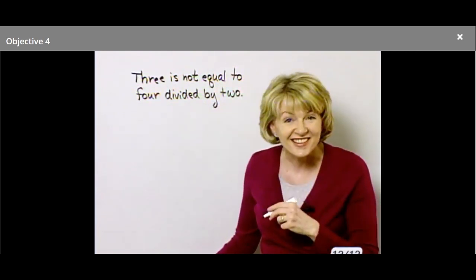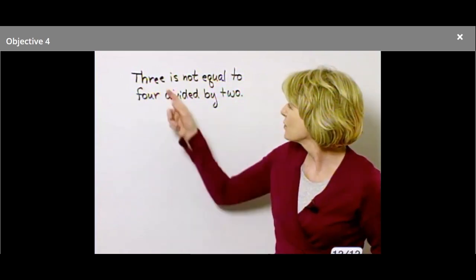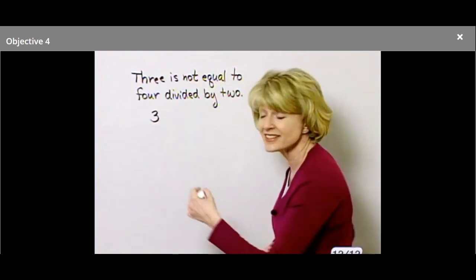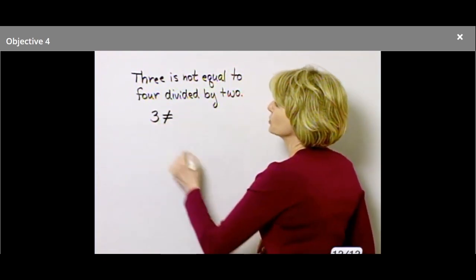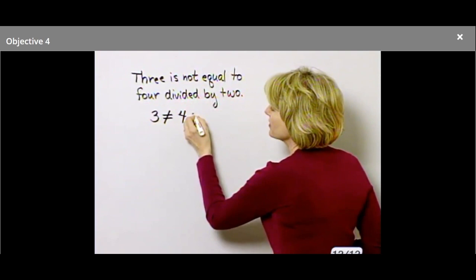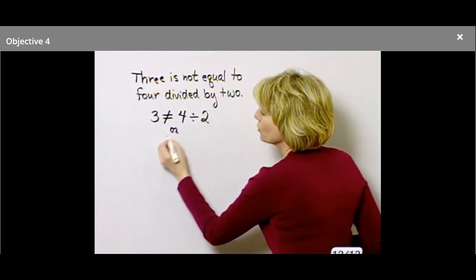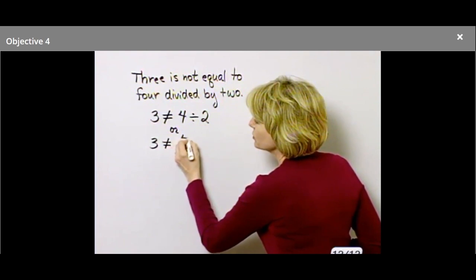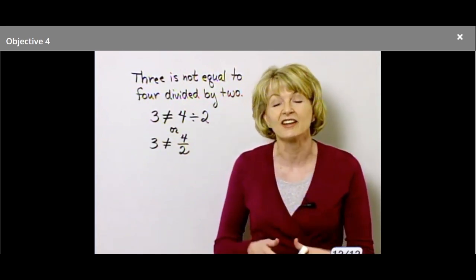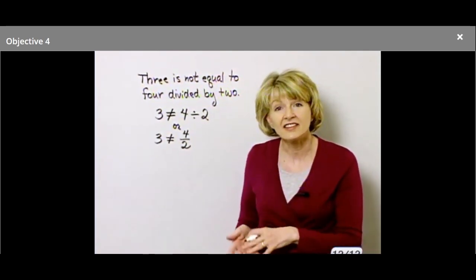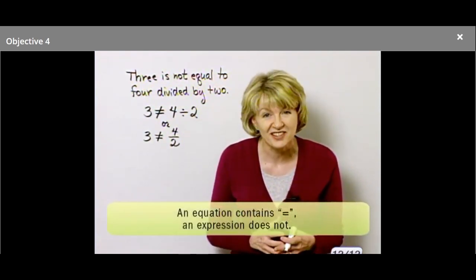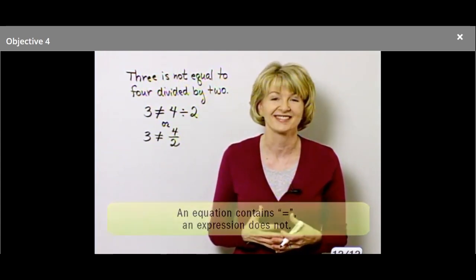Let's translate this sentence to a statement. 3 is not equal to, use our is not equal to symbol, 4 divided by 2. Or, once again, you can say 3 is not equal to 4 divided by 2. So we practiced translating from phrases to expressions and sentences to statements. At this time, make sure you practice working with expressions and equations.